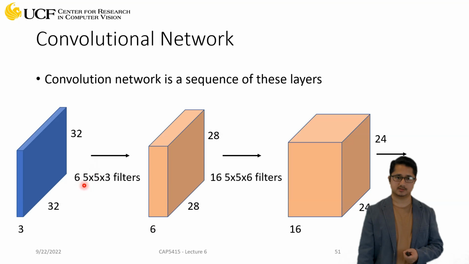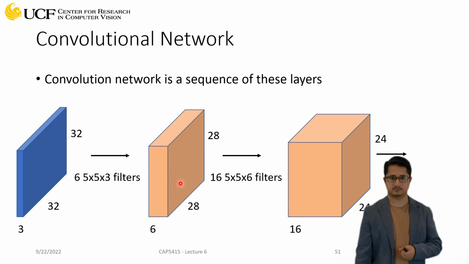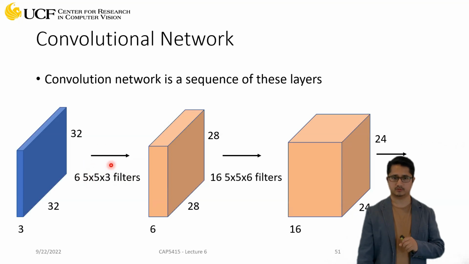For example, if we are using 6 different filters, the depth is going to be 6, because for each filter we get a flattened feature map. Those are the 2 important points to note here. Why we move from 30 to 28, and what kind of filters we are using, we are going to cover later.